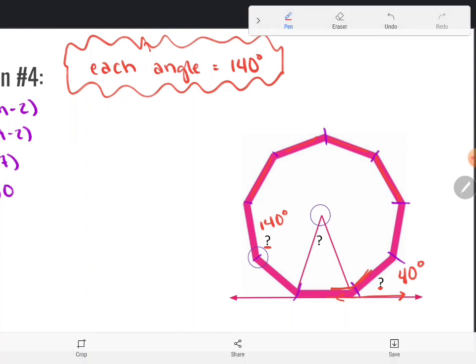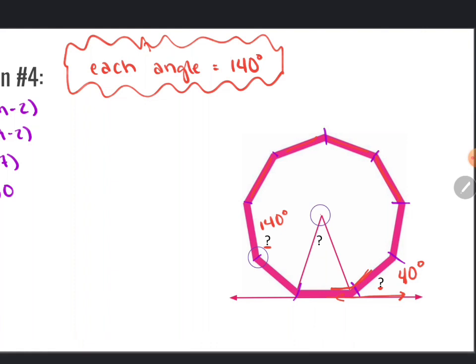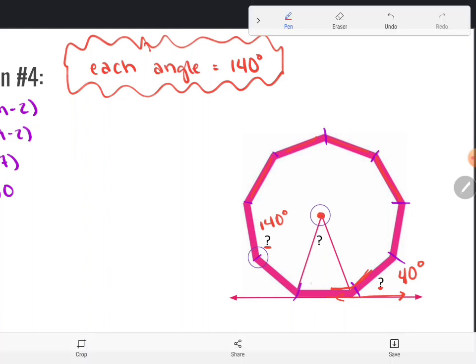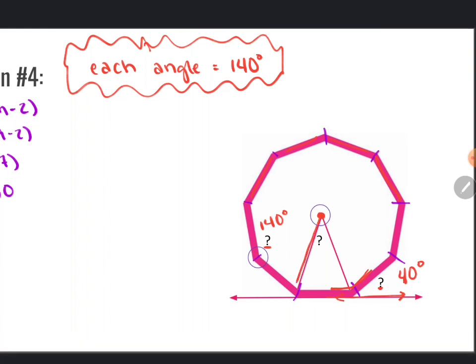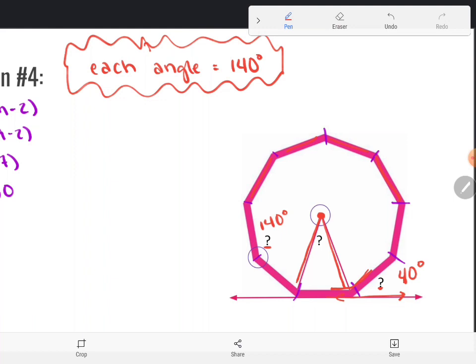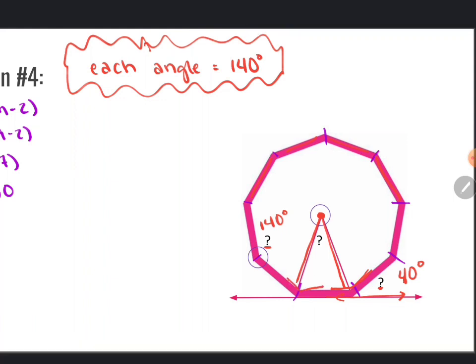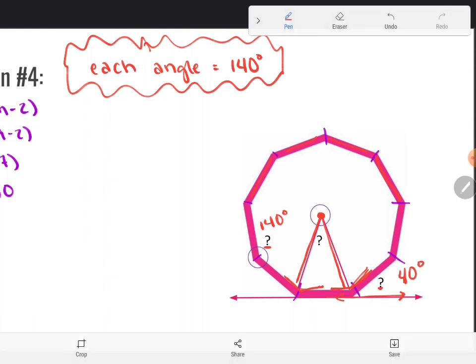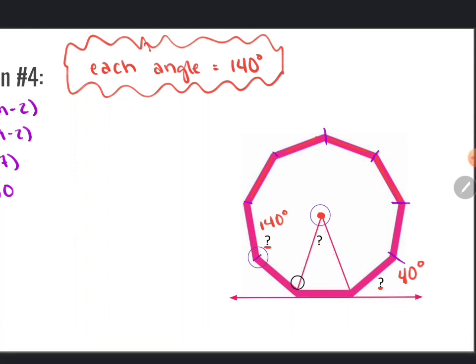Next, if you'll notice, this point right here is actually going to be the center of the circle. And given that it's split the way it is, we can assume that this is an isosceles triangle, making each angle here half of what it originally was. So all we really need to do is 140 divided by 2, making each of these bottom angles down here 70 degrees.